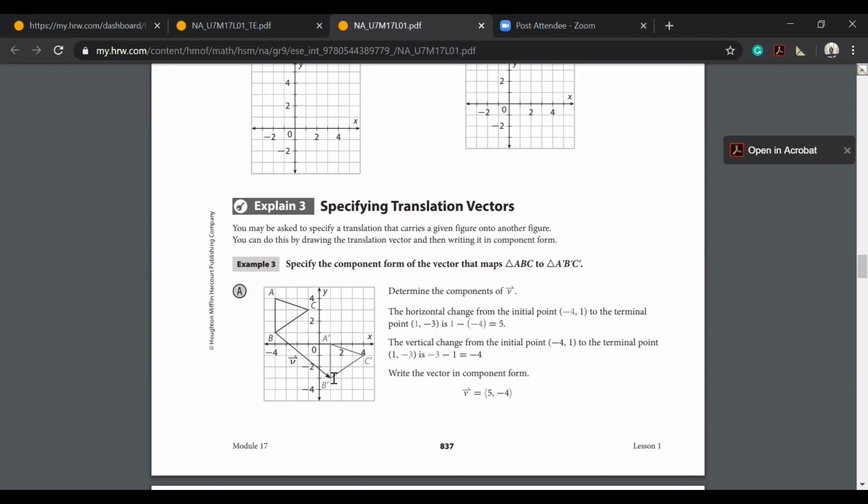How many points did it move? Up, down, right, or left? For B to move from here to here, it went down and then it went right. How many points down did it move? Let's count together. 1, 2, 3, 4. Yes, so 4 down.